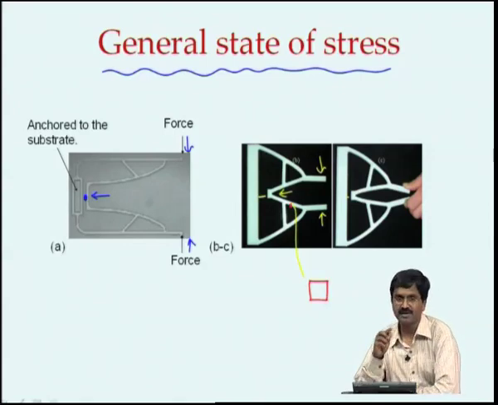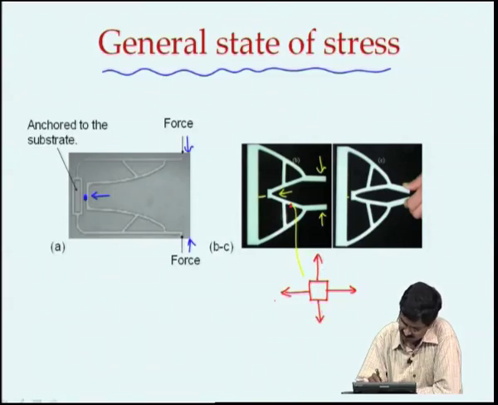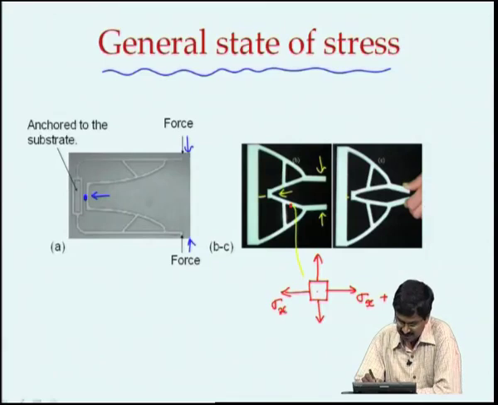Just imagine a point where there is a small square. What kind of stress will be there? There will be a normal stress in the x direction as well as y direction. There will be a sigma x here, and there will be a sigma x plus a little bit more, because stress, if you assume that it is not constant, which is true for a structure like this, we have taken a small one.